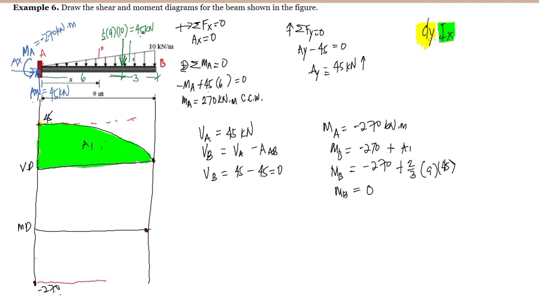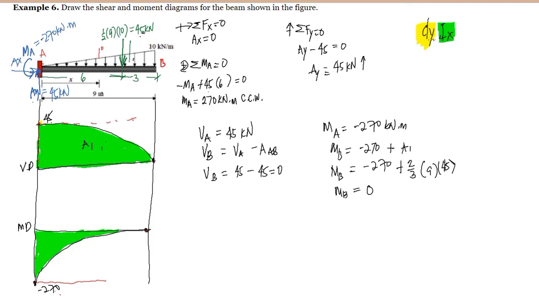But we are going to bend the y-axis, so therefore, this is our curvature. And if we look here, this is our moment diagram.